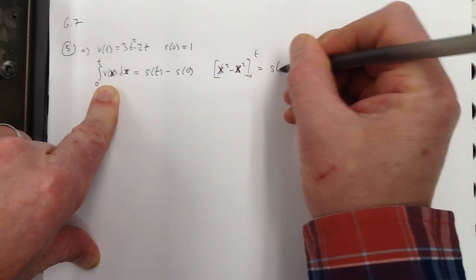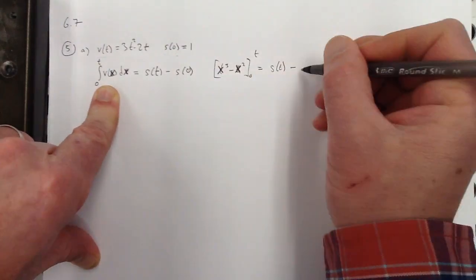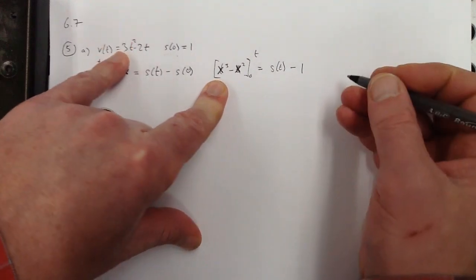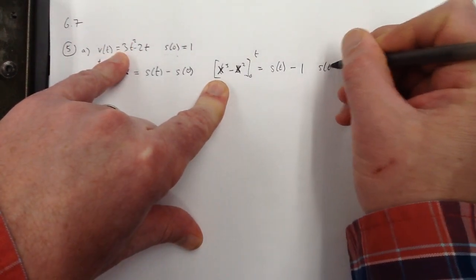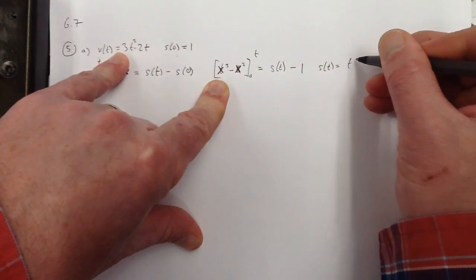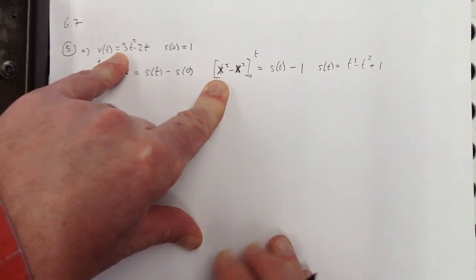S of t is what I'm looking for, a position function, minus s of 0, which is 1. So now I just drop the t's in, and I get that the position function is this, with the t's in there, plus 1.